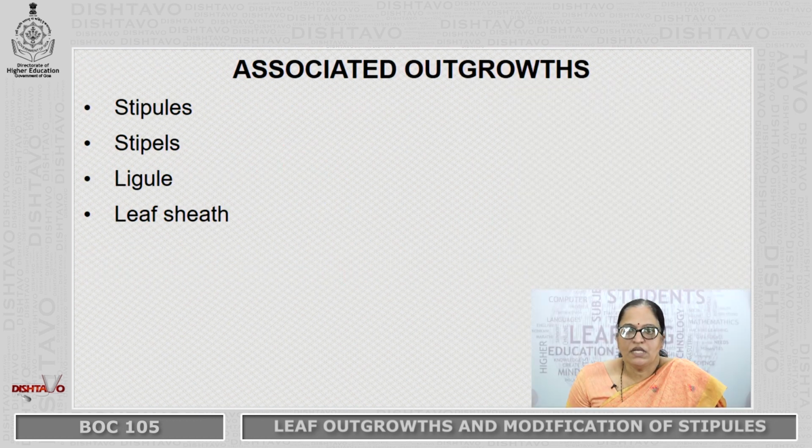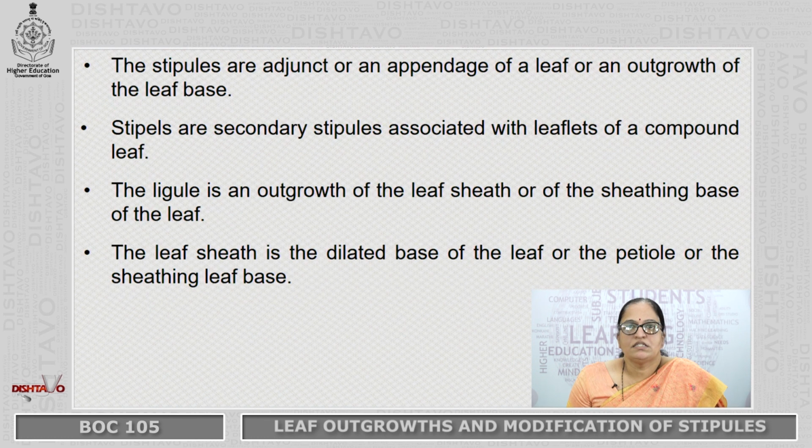The associated outgrowths which are present in the leaves are as follows: the stipules, the stipels, the ligule and the leaf sheath. The stipules are adjunct or an appendage of a leaf or an outgrowth of the leaf base.